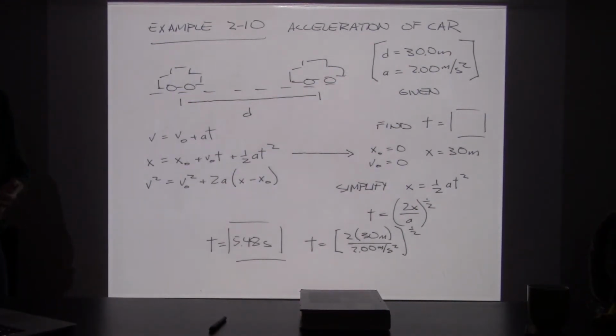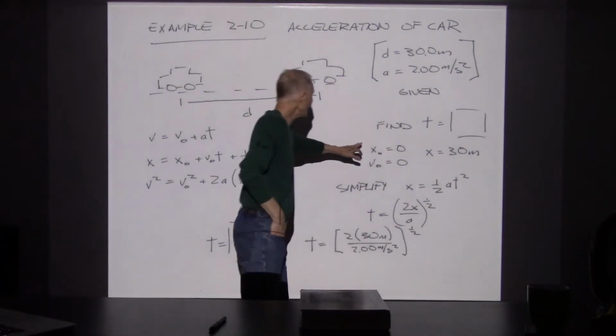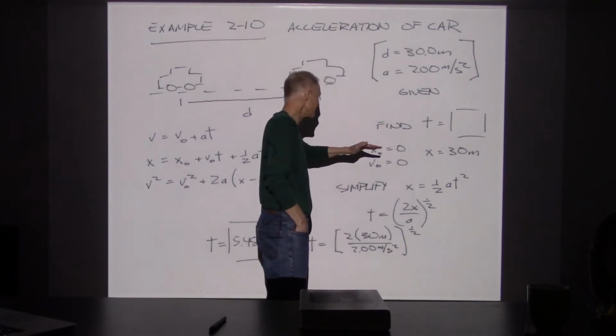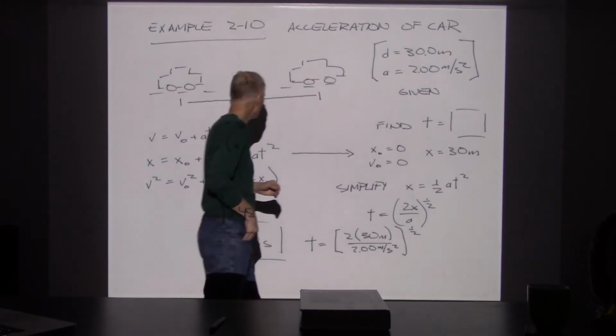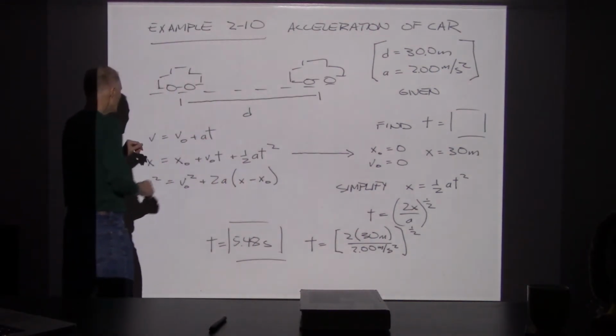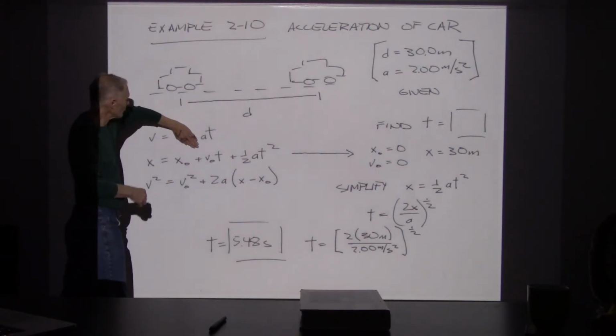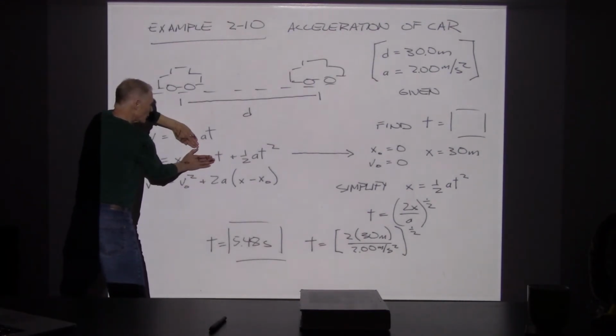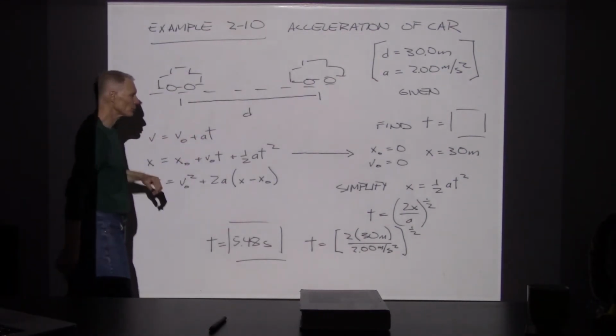Almost always, whenever you can define x naught as 0, why not? It said we started from rest, so v naught is 0. There's no question there. So that tells me that this term drops out. Well, that formula got easier. And these terms drop out. Well, that formula got easier too.